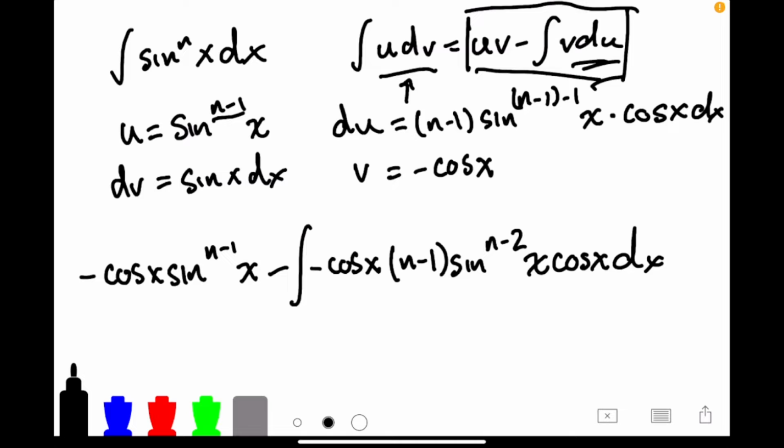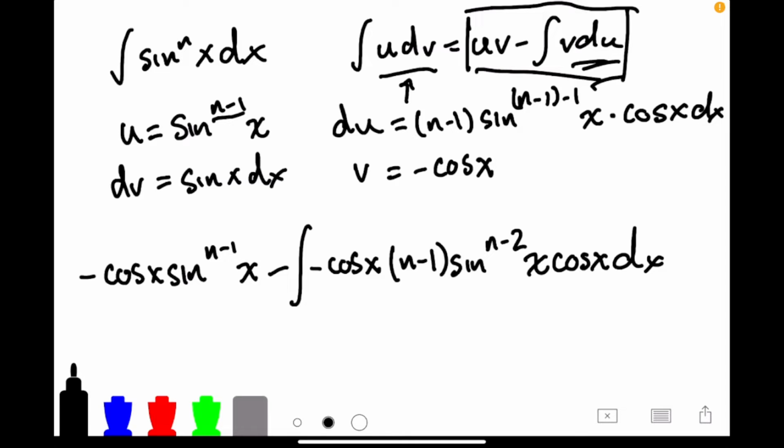So we can get this equation. Oh, that's weird.